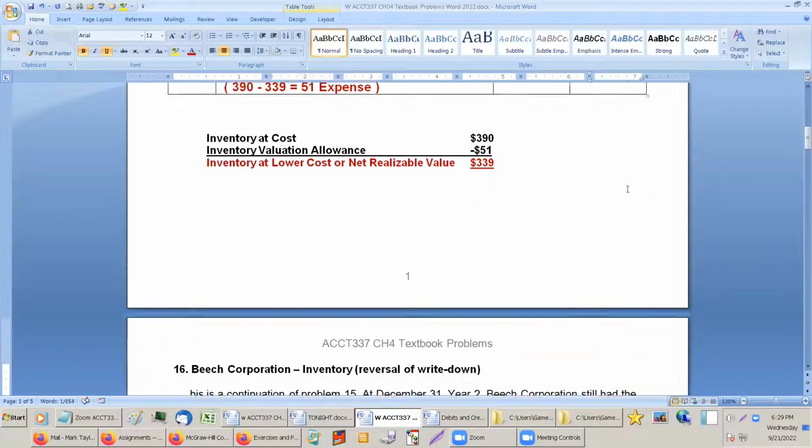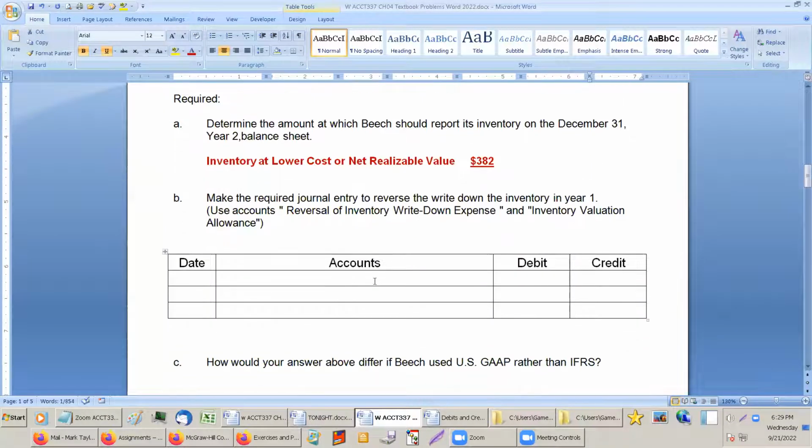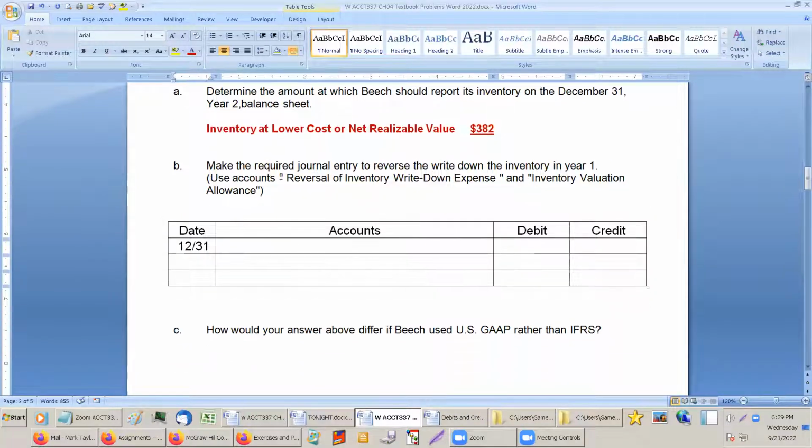So what's going to be the journal entry down here? I'll tell you what, I'll put in the accounts. There it is right here. Reversal of inventory write-down expense. This is going to be reducing our expense.